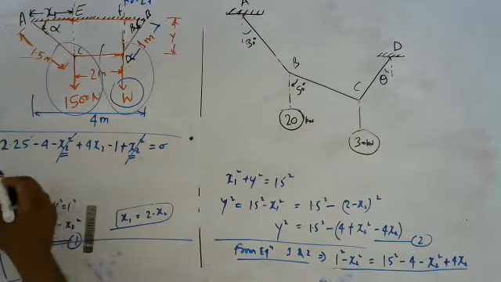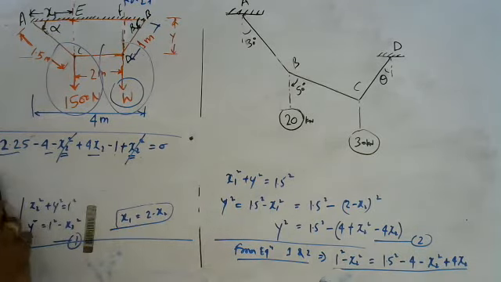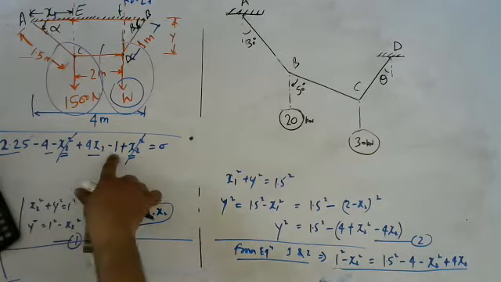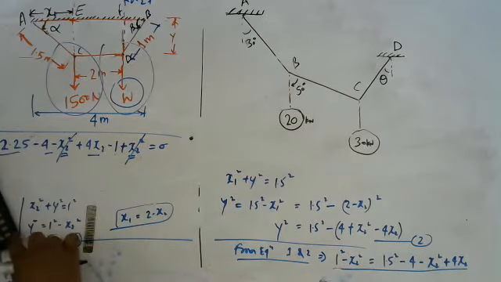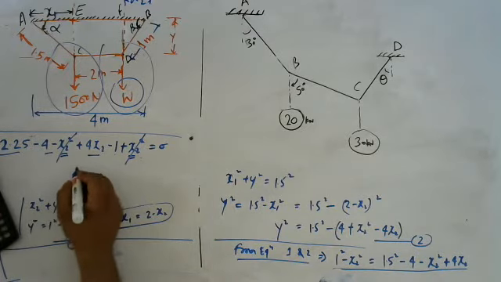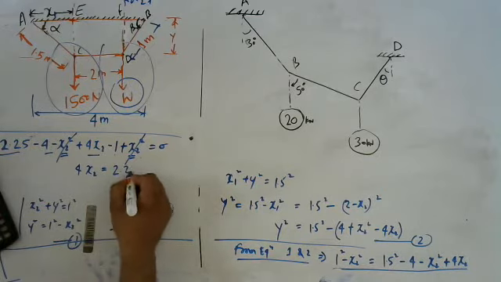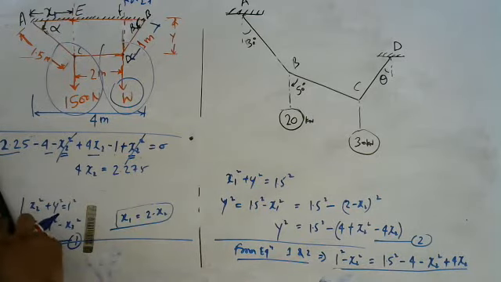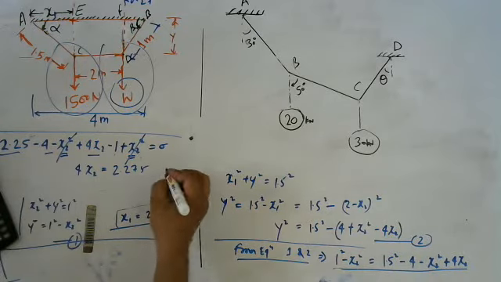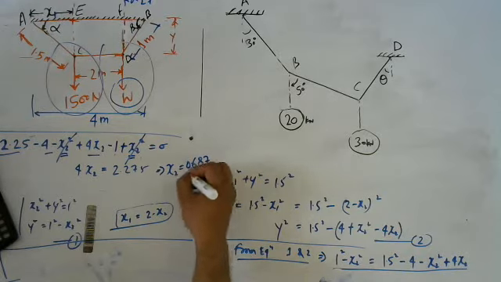So I use calculator. 2.25 minus 4 and minus 1 is equal to minus 2.75, and so 4x2 is equal to 2.75. So 2.75 divided by 4, x2 is equal to 0.687.